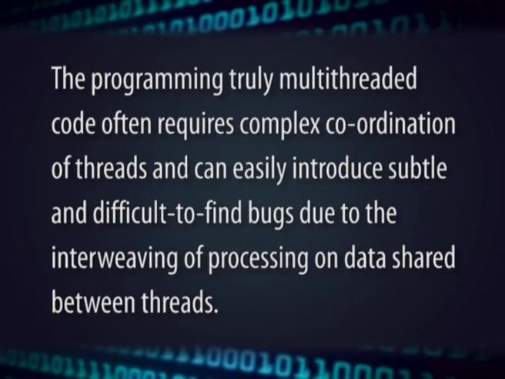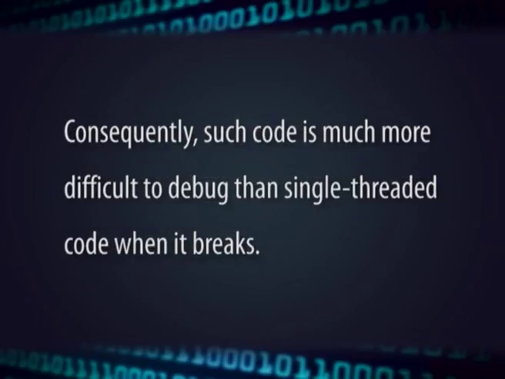Programming truly multi-threaded code often requires complex coordination of the threads and can easily introduce subtle and difficult to find bugs due to interweaving of the processing on data shared between threads. Consequently, such code is more difficult to debug than single threaded code when it breaks.